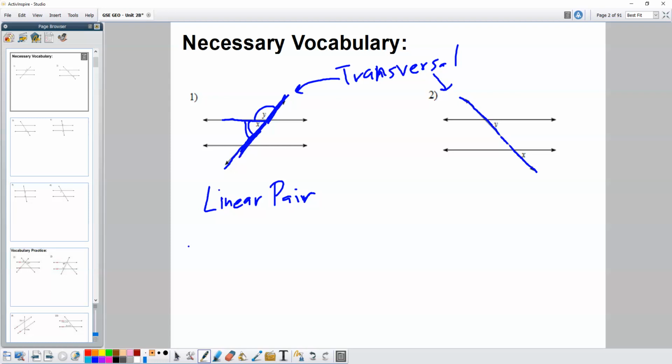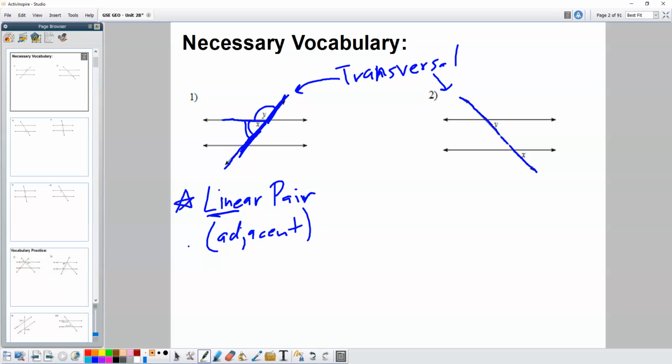Okay, that makes a straight line. So line, linear pair. Some people call these adjacent angles. You know, they're right next door to each other. And they don't necessarily look like the adjacent angles we've talked about in parallelograms and in trapezoids, that kind of stuff. But they are adjacent. They're right next to each other. But linear pair is the phrase that I want you to remember.